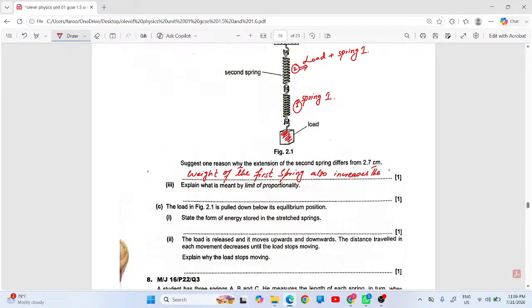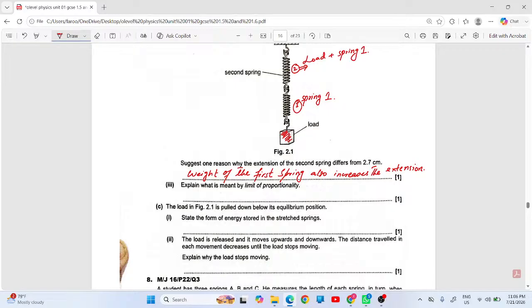Extension क्या मतलब है? कि फर्स्ट स्प्रिंग का भी तो वेट जो होता है वो उस सेकंड स्प्रिंग को भी पुल नीचे करता है। What is meant by the limit of proportionality?